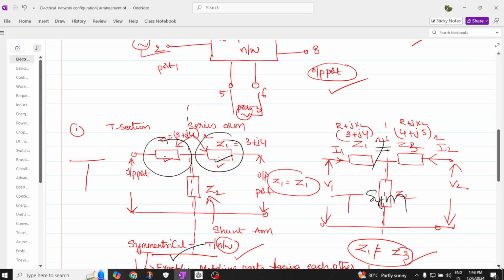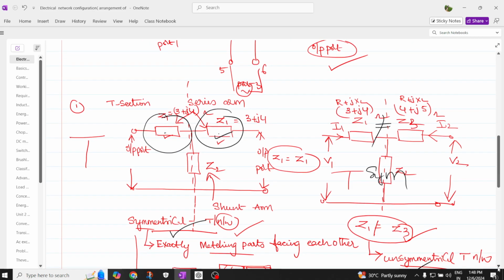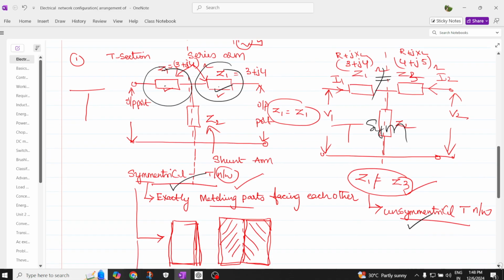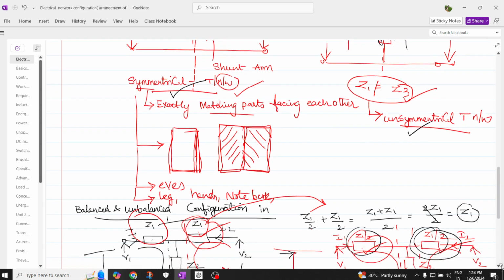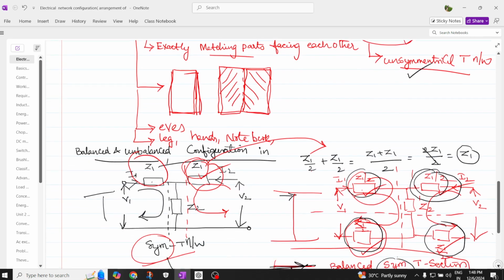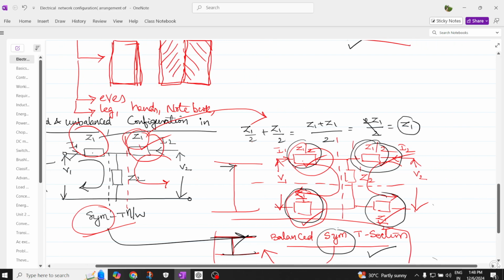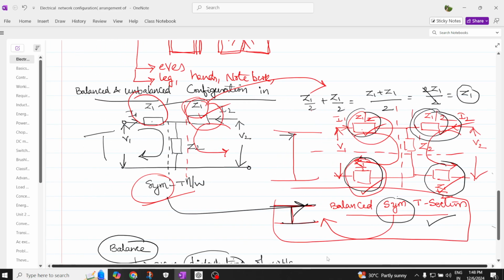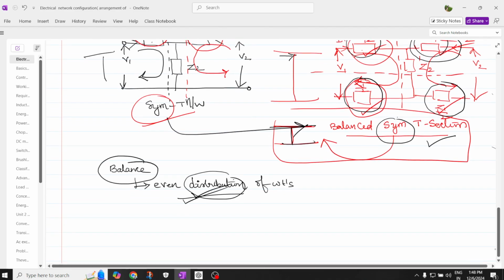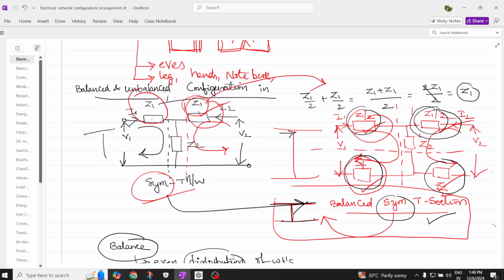If the impedances are different, then it is called unsymmetrical. Symmetrical means folding at one axis is called symmetrical if both folds are the same. So balanced means the weights are evenly distributed. Here you can see the weights are uniformly distributed, therefore this is called a balanced symmetrical T network, which is called an H network. Hope you are able to understand.